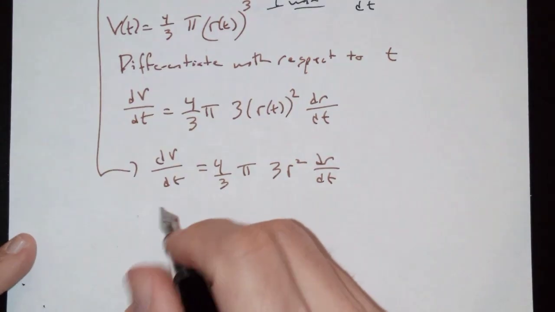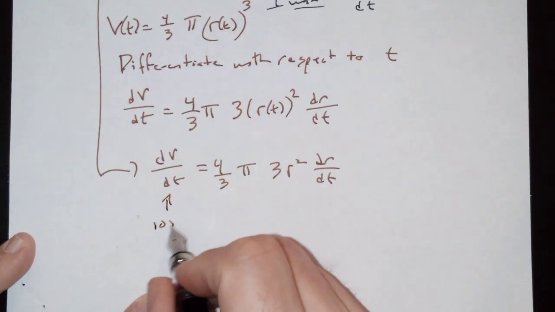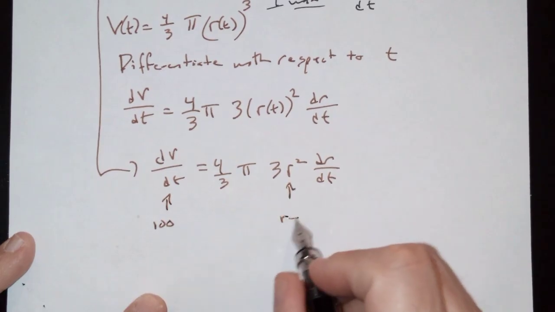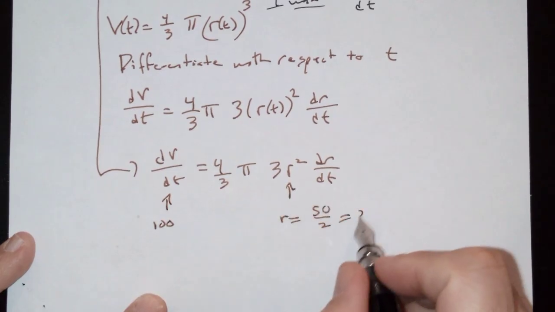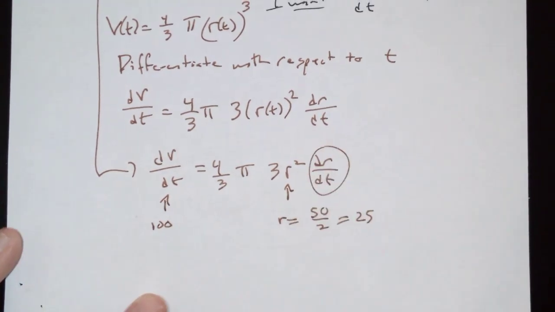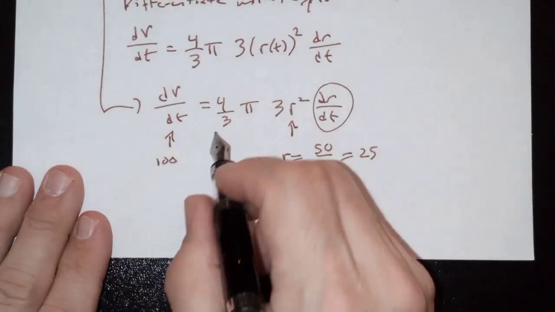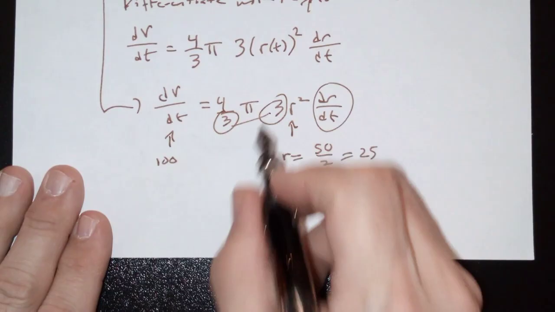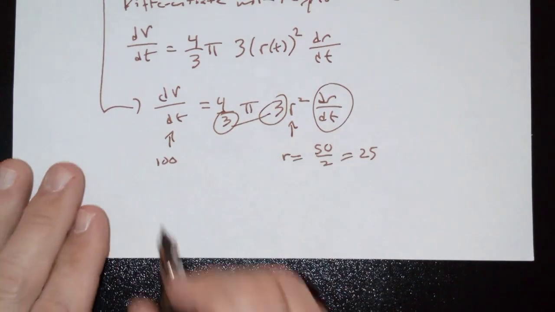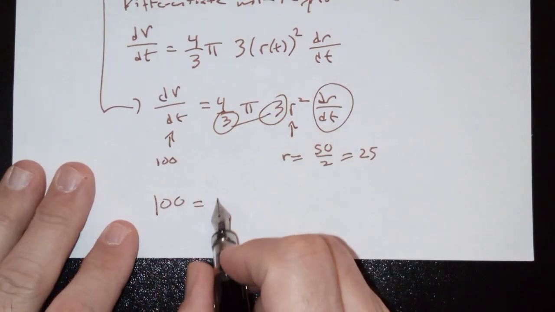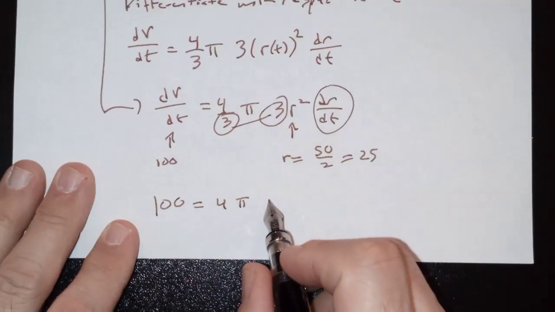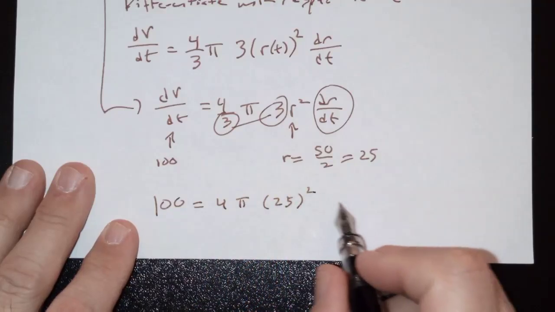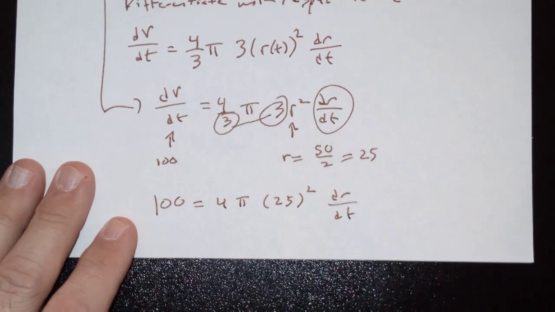Well, that means I know this. I know this. This is the only thing I don't know. I can solve for it. Please notice that this 3 down here and this 3 up here, they're canceling. So I'm going to get 100 is 4 pi times 25 squared dr/dt.